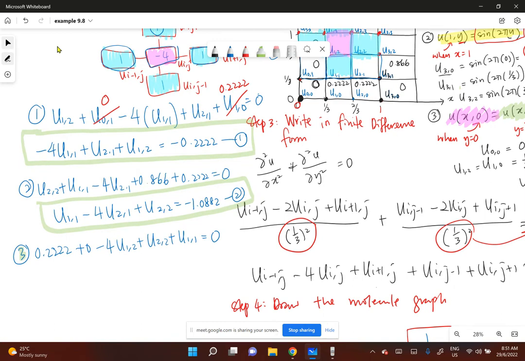So here it becomes U11 minus 4U12 plus U22 equal to negative 0.222. And this is the third equation.